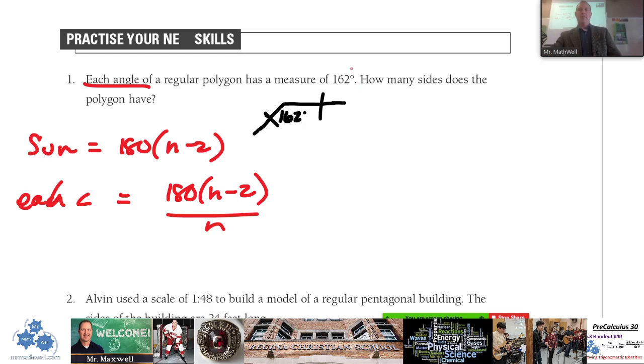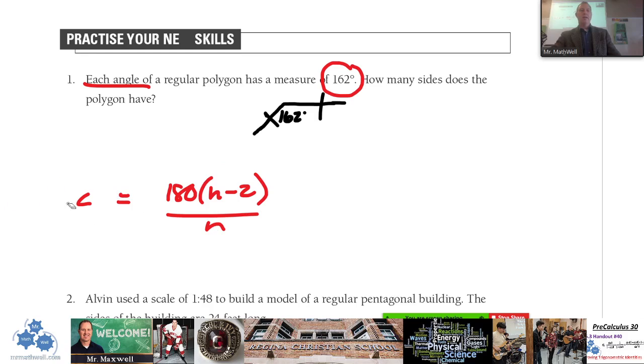I'm given the value of each angle. So knowing these two things, I'm going to use this relationship, and instead of the each angle part, I'm going to fill in 162. What this will give us is how many sides, that would be n. We're going to be able to solve for n.